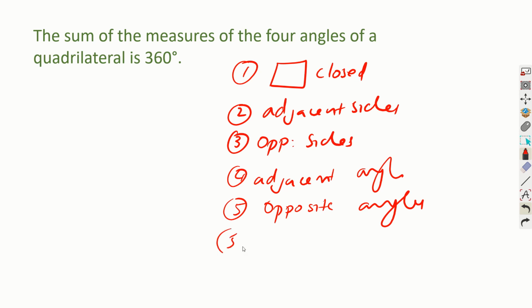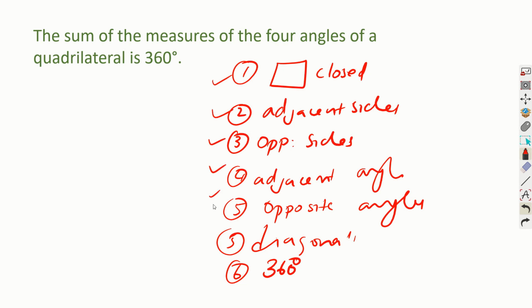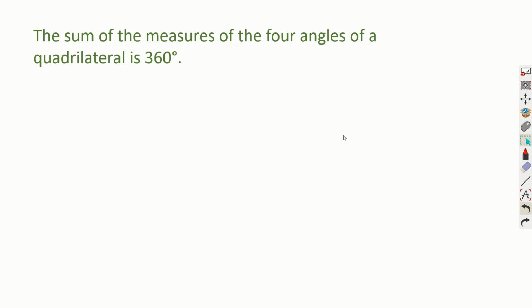Then you studied about diagonals, and now you studied that the sum of the measures of the angles of a quadrilateral is 360 degrees, right? These are the things you studied now. So these points you should remember, otherwise you should watch the video once again, go through the textbook and make it very clear for you.